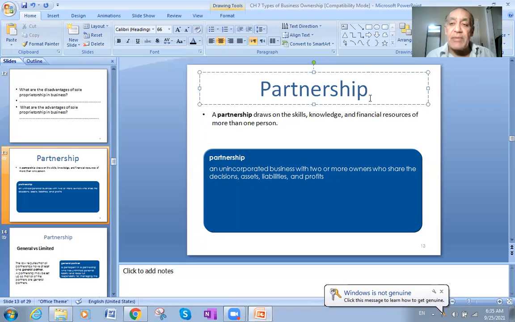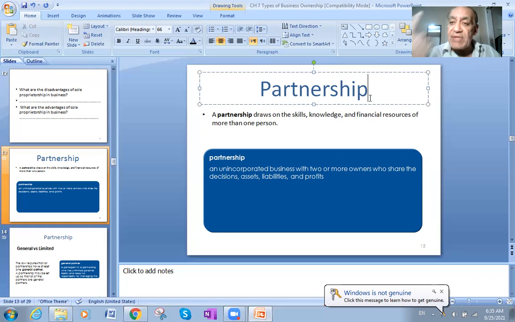In the sole proprietorship, he will carry all the losses alone because he is by himself. But in partnership, the losses will be distributed among the partners. For that reason, the share of each partner will be less than if he was working alone as a sole proprietor.